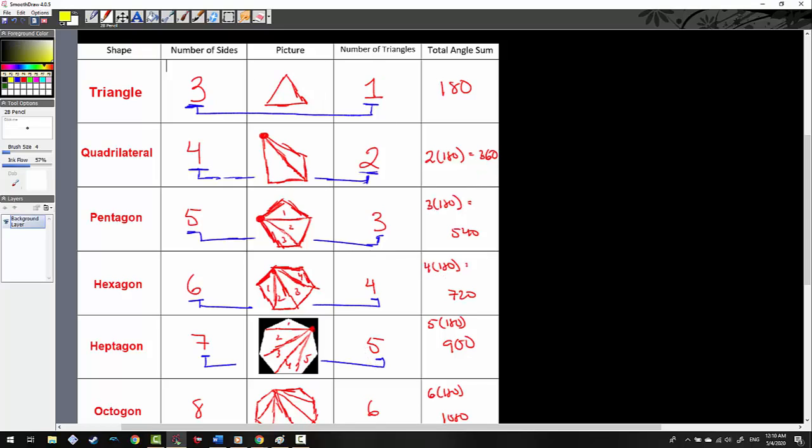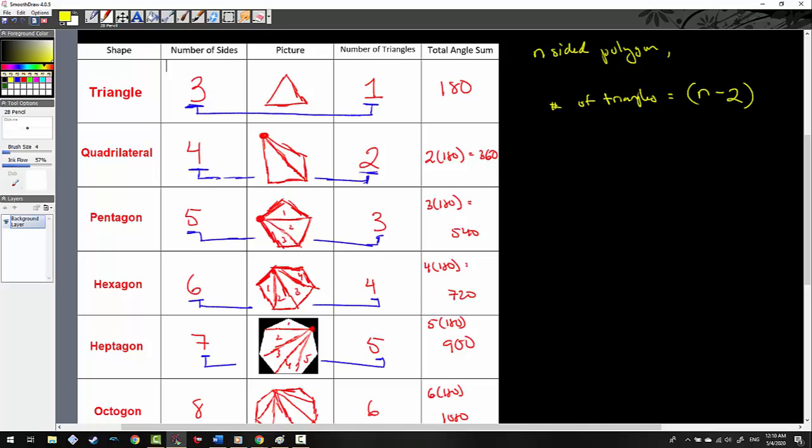So if I gave you an n-sided polygon, then the number of triangles would be, and I'm hoping you can beat me to this answer, n minus 2.